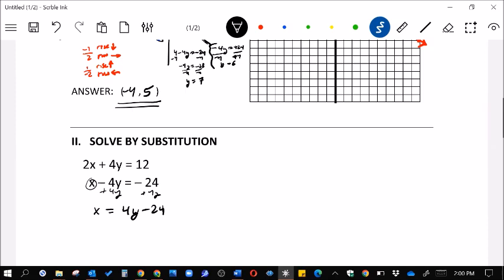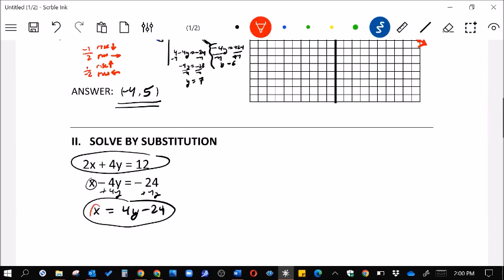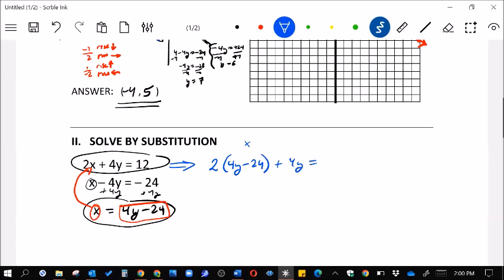Now that I've done that, we have these 2, and I can take this x and put it in here, which means 4y minus 24 can go in place of that x. So instead of x, I'm going to put 4y minus 24. So that's the x there. Plus 4y equals 12.